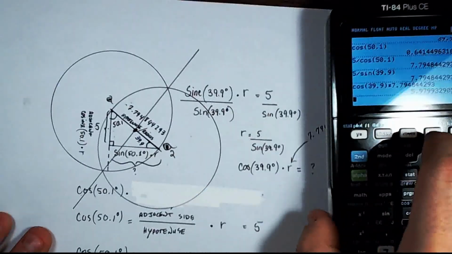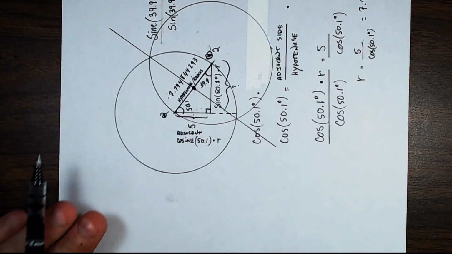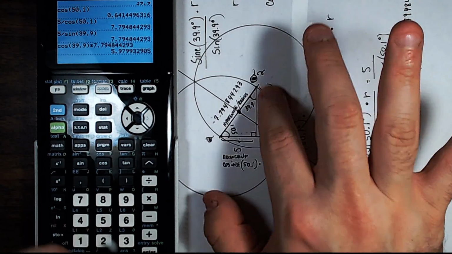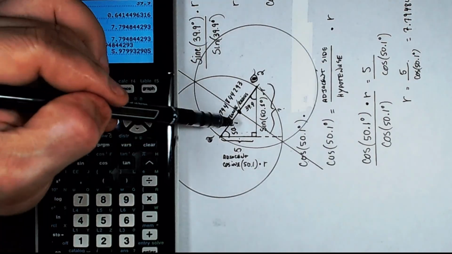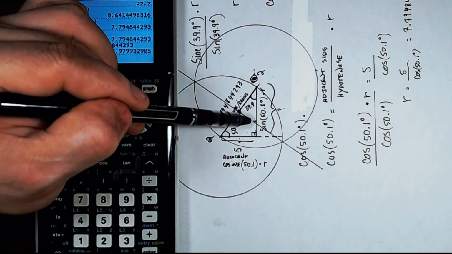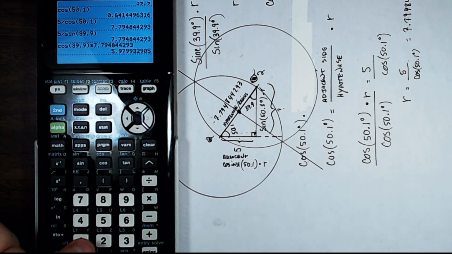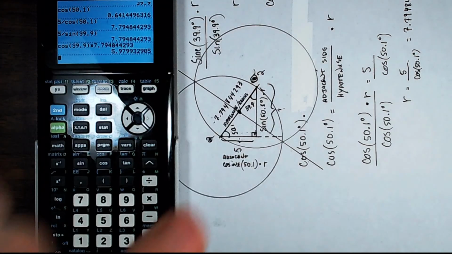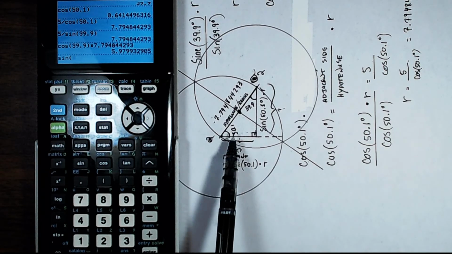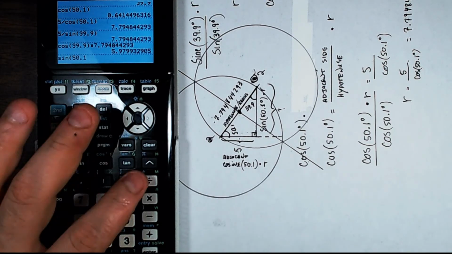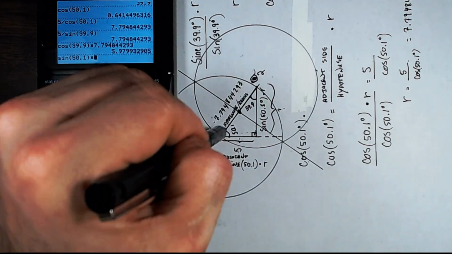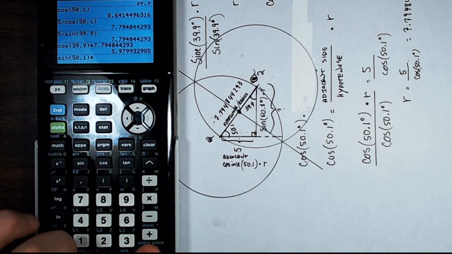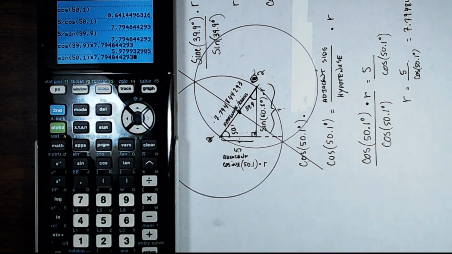Let's verify that. Let me spin this back to my original reference angle. Now I'm going to verify that this length is in fact 6. So now I'm working with sine because I'm looking at the opposite side. Because I'm at this reference angle and looking opposite, I'm going to use the sine of that angle, 50.1, multiplied by the radius of the circles, or the hypotenuse of the triangle, which is that 7.79 thing, and that should give 6, or something really close to 6.